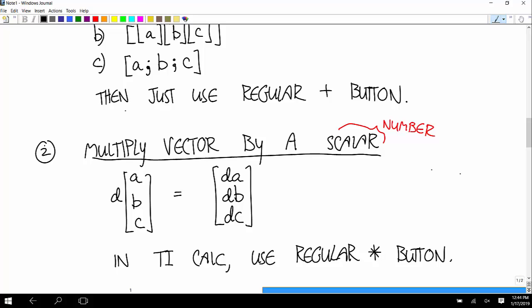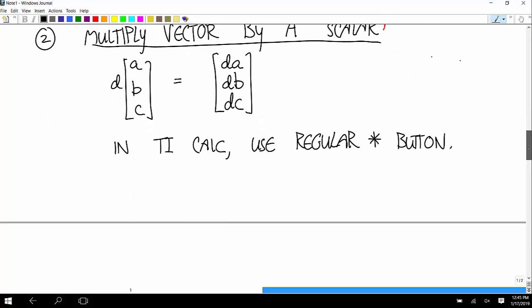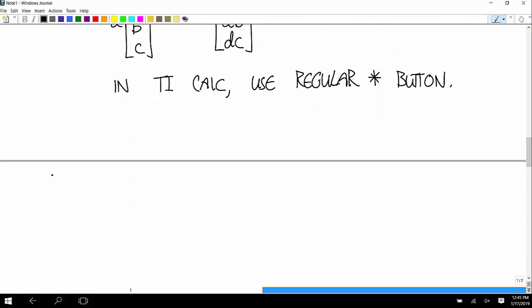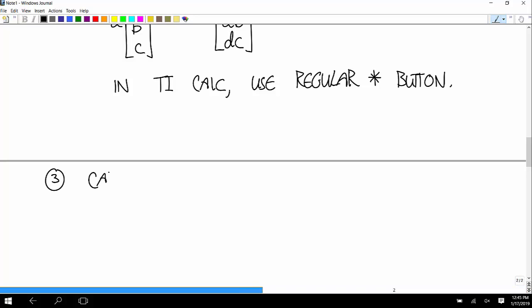And then a lot of times we want to know the length of a vector, like we're given the components and we want to know the magnitude. So number 3, calculate magnitude. I'm going to call it magnitude, but that's what people also call the length of a vector.